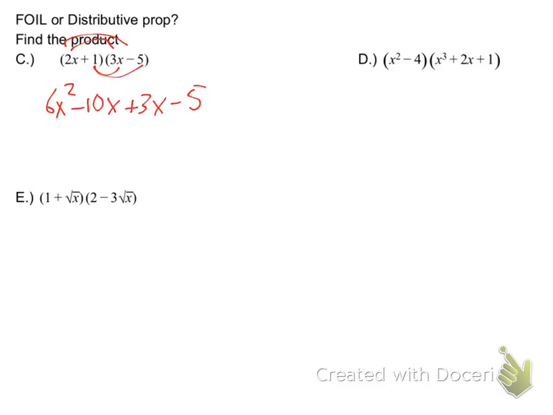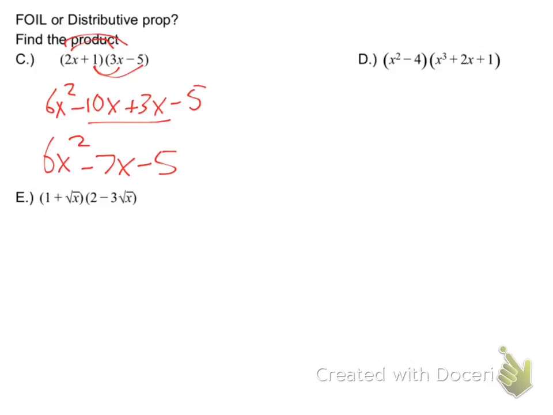Remember, not every time, but a lot of the times when you FOIL, you end up with this situation where you have to gather your like terms in the middle. So you get 6x squared minus 7x minus 5. Make sure to put everything into standard form. Number one, it makes it easier to work with or compare with somebody else.